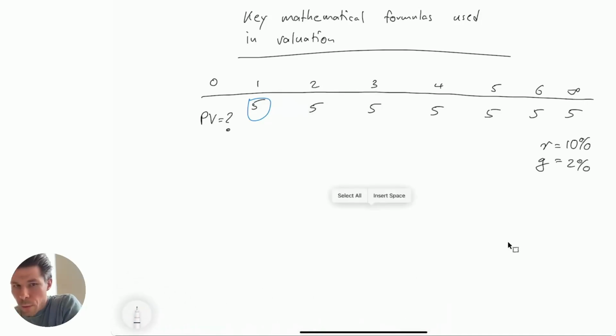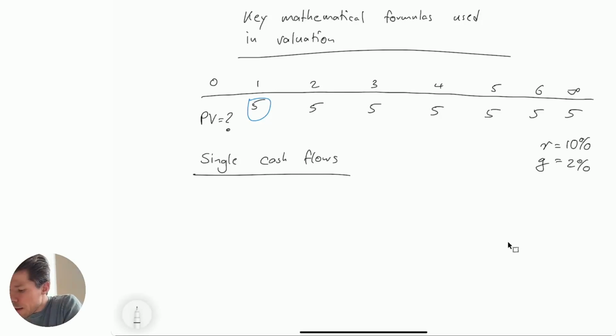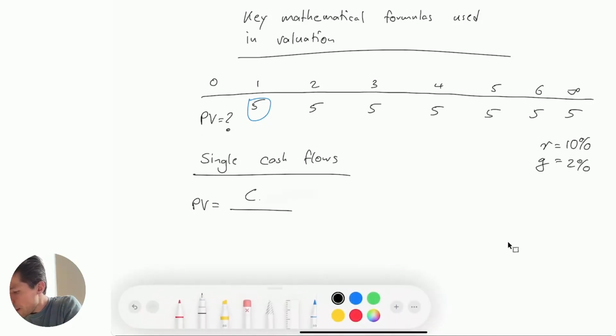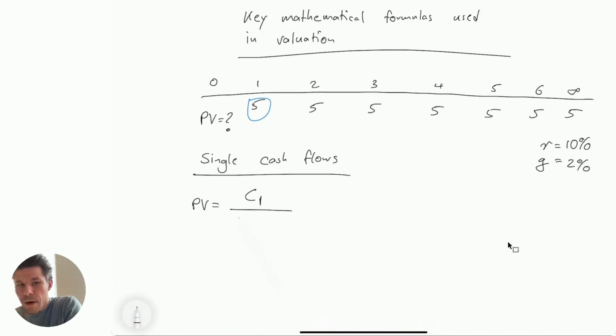So number one, when we talk about single cash flows and we want to move money through time, then basically our present value equals our cash flow in year one divided by 1 plus our discount rate.